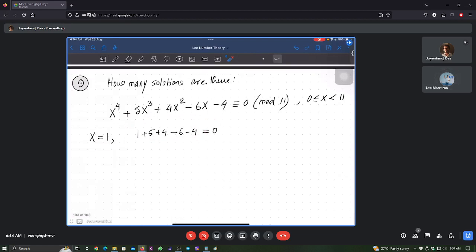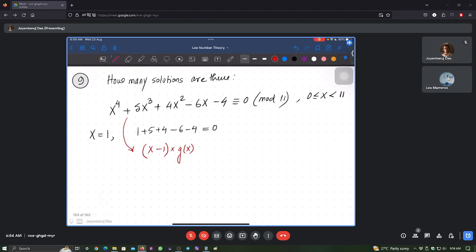But then I have to express this equation as x minus 1 times some g of x. I have to find what g of x is. Because g of x will be a degree 3 polynomial.